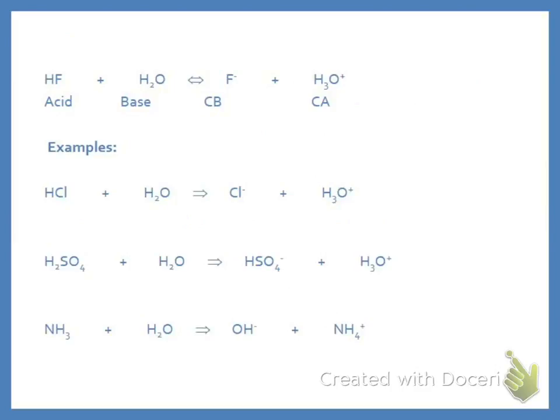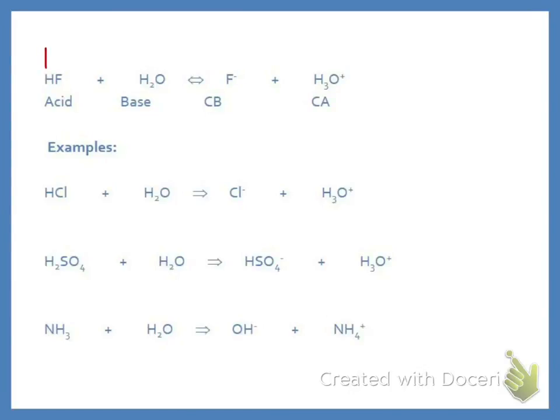Okay? So in this first one, we got HF plus water. And so what happens is the HF obviously is the acid, because normally we can recognize acids by what? Start with a what? Hydrogen. Okay? Normally, unless it's water. Water is different, which we'll talk about in a second.